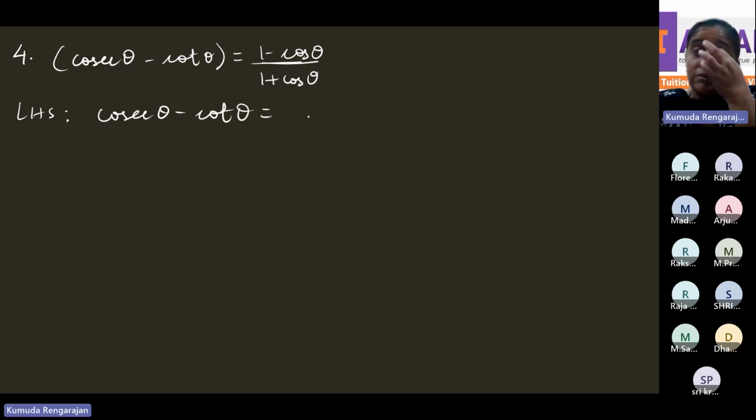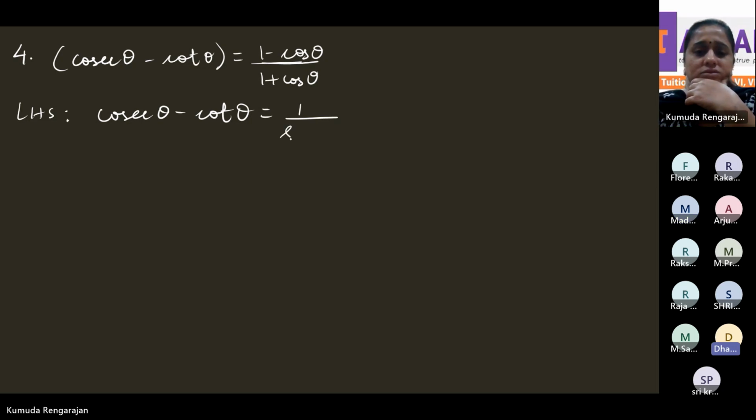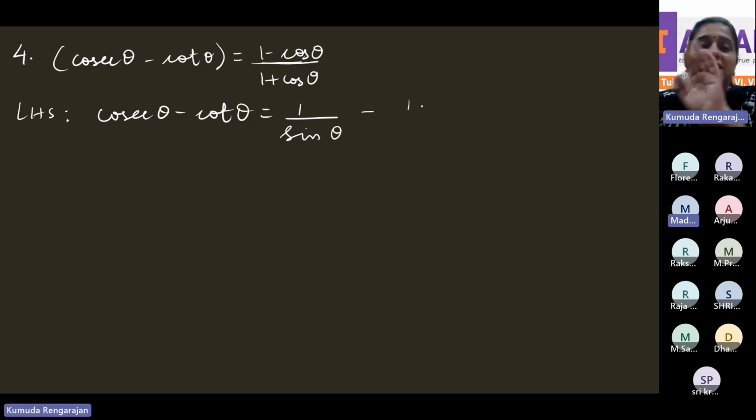Yes, children. First step. I'm converting it into cos and sine. Very good. Tell me, what is cosecant theta? 1 by sine theta. 1 by sine theta minus 1 by tan theta, which is cos by sine theta.